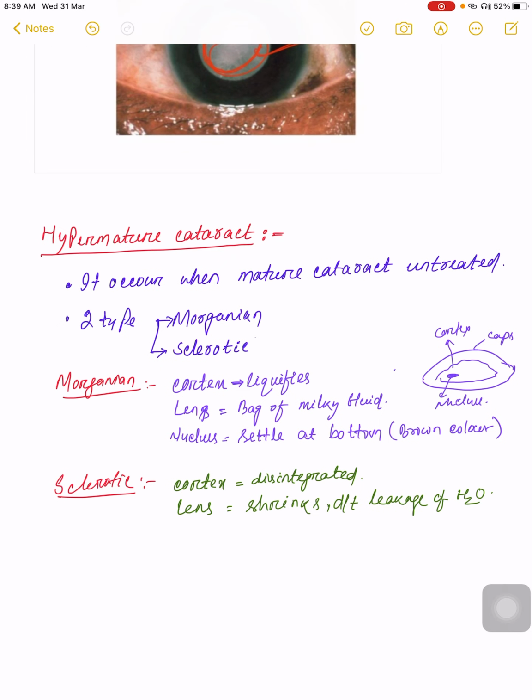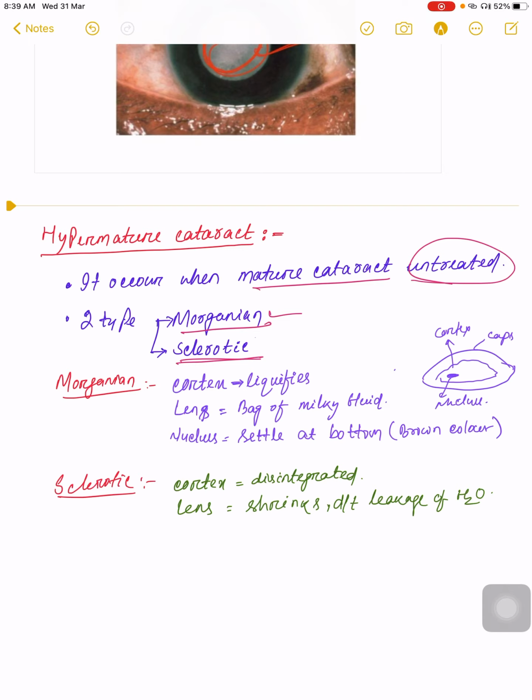Then hypermature cataract. Here the lens is totally opaque. We can't see anything. It occurs when mature cataract is left untreated. Untreated mature cataract becomes hypermature. Again, it is divided into two types: Morganian and sclerotic.